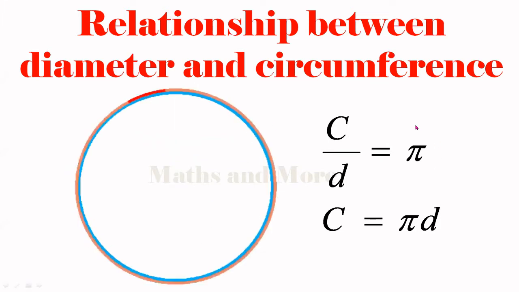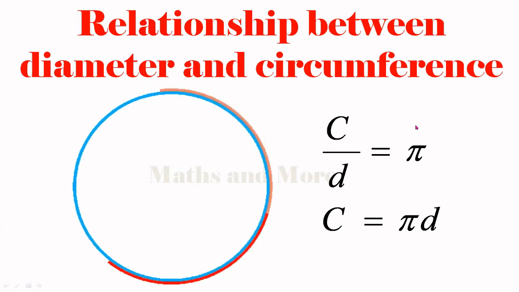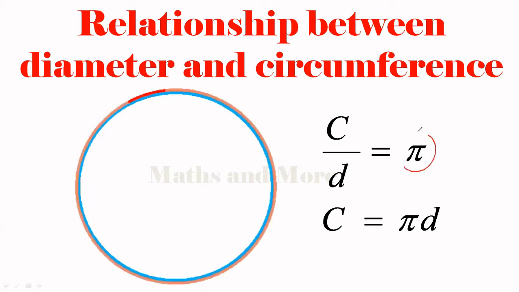That value we denote by a certain Greek letter. This letter is called pi. Using this letter we define that constant. In all circles, when you divide circumference by the diameter, that value is the same. That constant value we denote by this Greek letter.